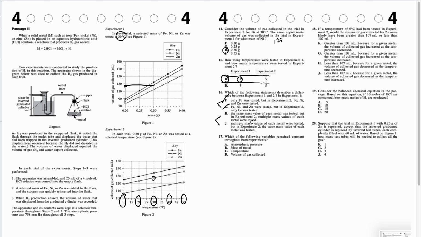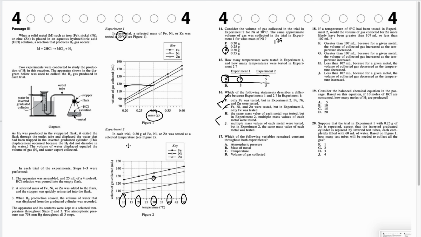For H and J, in experiment 1, it says the same mass value of each metal was tested, but in experiment 2, multiple mass values were tested. Or is it multiple mass values in experiment 1, but in experiment 2, the same mass value of each metal was tested? If we're looking at this, we have different masses on experiment 1, so multiple masses on experiment 1 were tested.